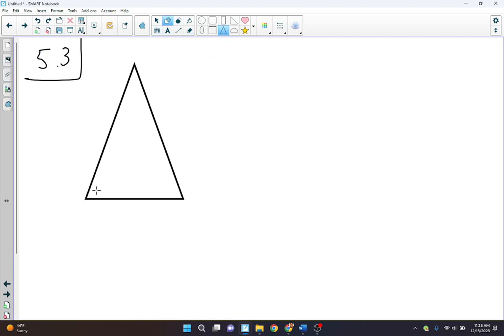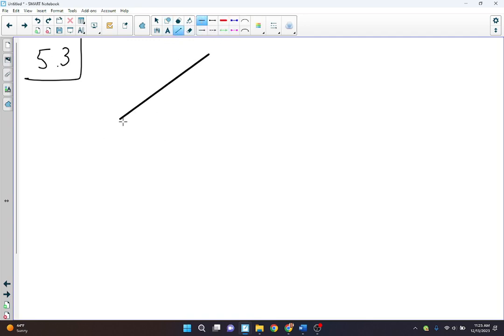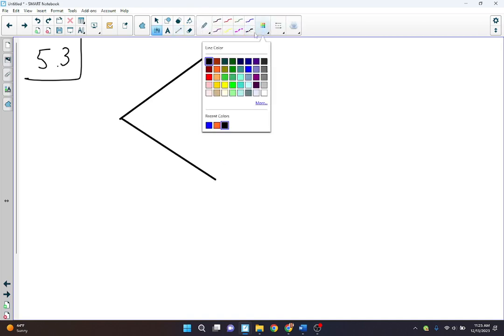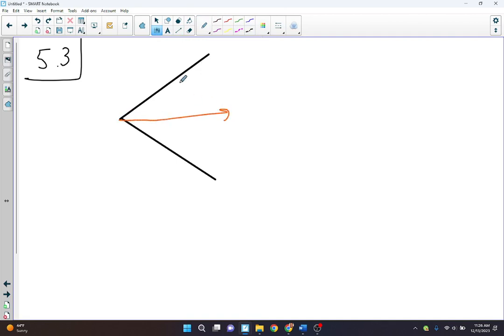All right. The next one is angle bisector. So let's say you had some angle like this. You know for a fact that this middle line bisects the angle if you go perpendicular from that angle, so the legs of the angle. Perpendicular means it's 90 degrees, and I know these are equal to each other.